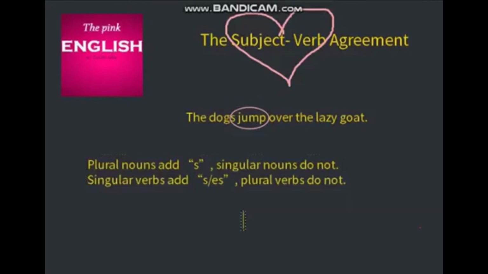Remember that plural nouns add s, while singular nouns do not. Singular verbs add s or es, but plural verbs do not. Now this speaks about the second rule. Plural subject takes plural verb.